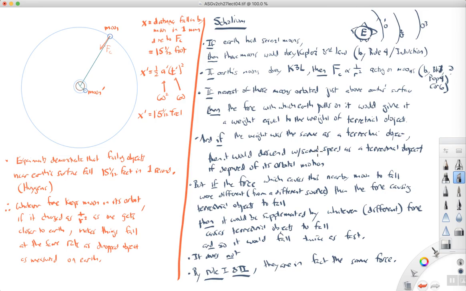And so we can identify the force holding the moon in orbit and the force causing, for example, apples to fall. And that is the highlight of Newton's Principia. That is how he develops his universal law of gravitation. In my final lecture next time, what I will do is just write this law of gravitation in its modern form and work out 1 or 2 problems.